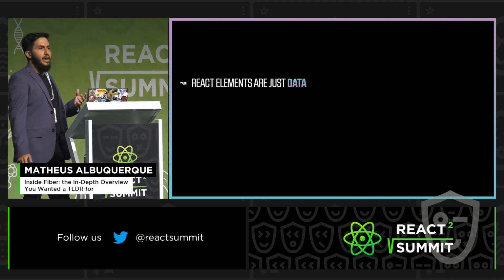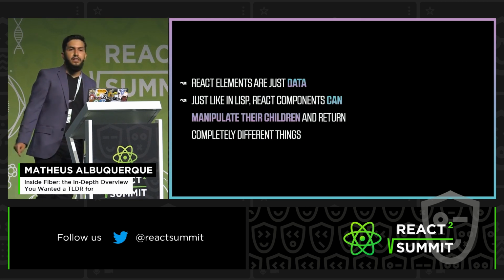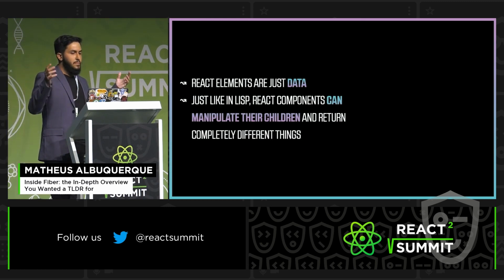We just saw that React elements are just data as well. So we can start thinking of React and homoiconicity. And just like Lisp and those languages that have this property, we can manipulate an element's children or their properties in the way we want. And this allows us to do interesting things.